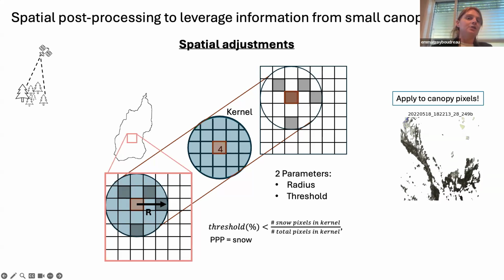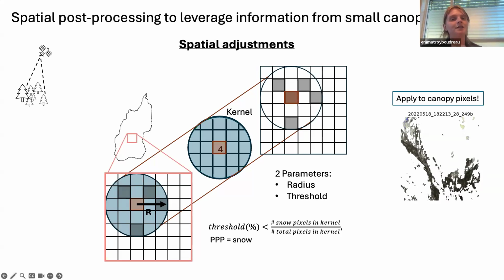And the way that this 2D convolution works is you have a neighborhood of pixels that your convolution will look at, and there's a source pixel in the middle. Within that neighborhood, which is defined by the radius size that you set, how many pixels have snow? You also set a threshold.